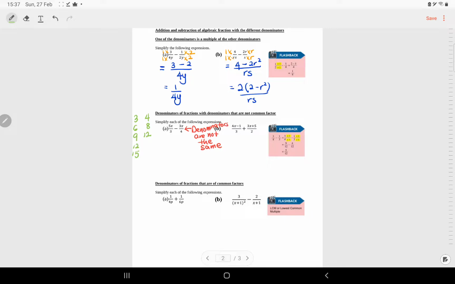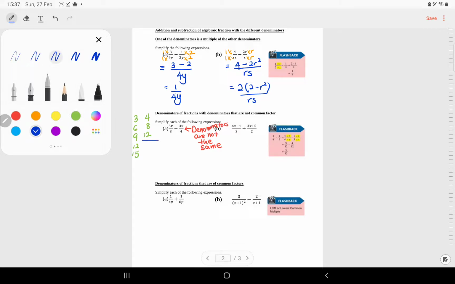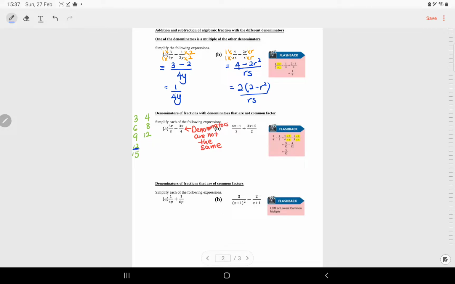Now you can see that we have a common multiple, 12 and 12, and that's the lowest common multiple. If we carry on further, we will find other common multiples, but 12 is our lowest common multiple. So now we can have a common denominator of 12.